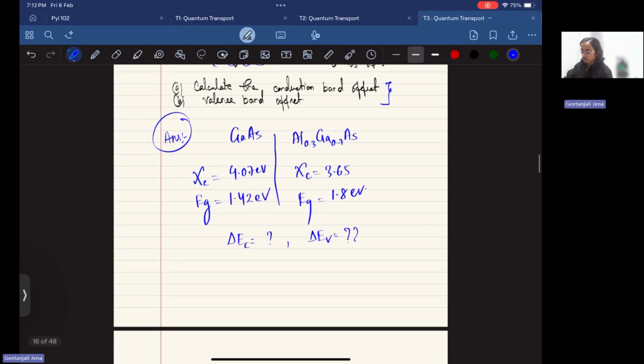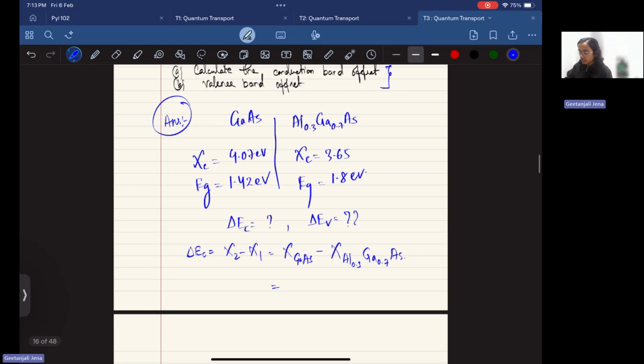To calculate the conduction band offset, if you recall, it is nothing but the difference between the electron affinities of this heterostructure. So this is chi2 minus chi1, chi of gallium arsenide minus chi of aluminum gallium arsenide.